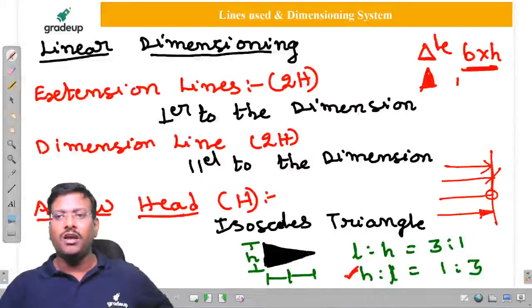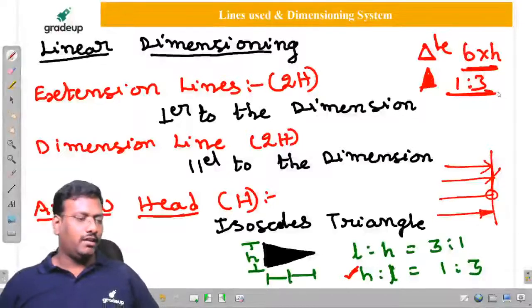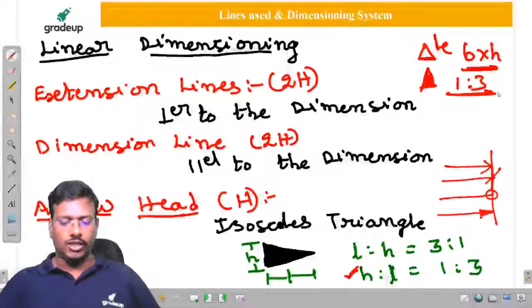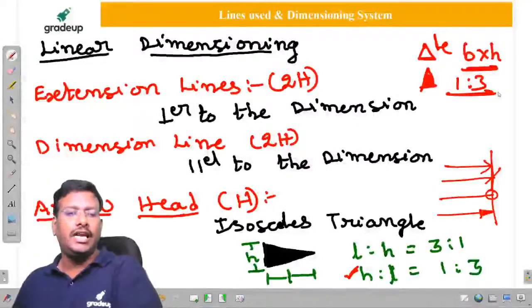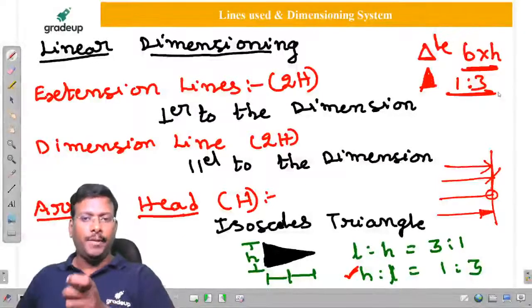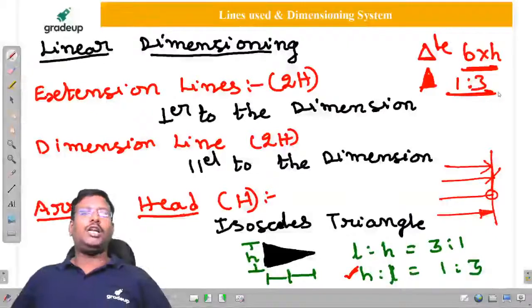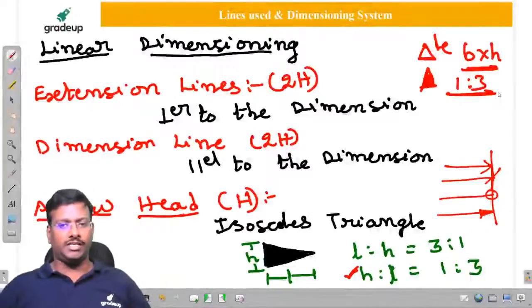That is why they write 1 is to 3. No, no, Atul, that is not the reason. Once it is a triangle, they say base and height. In this, the base is B and the height is the altitude. The altitude is 3 times the base. That's why they represent it this way.